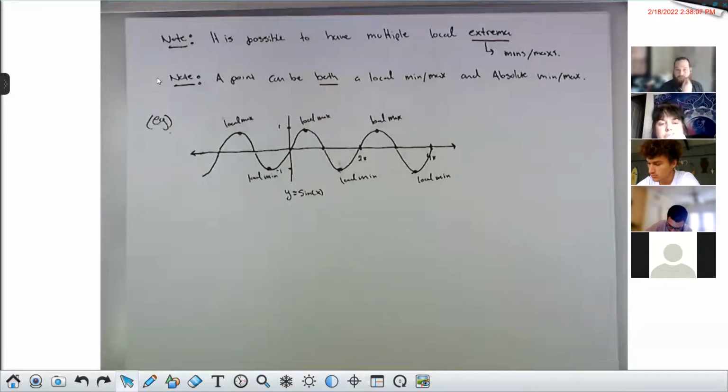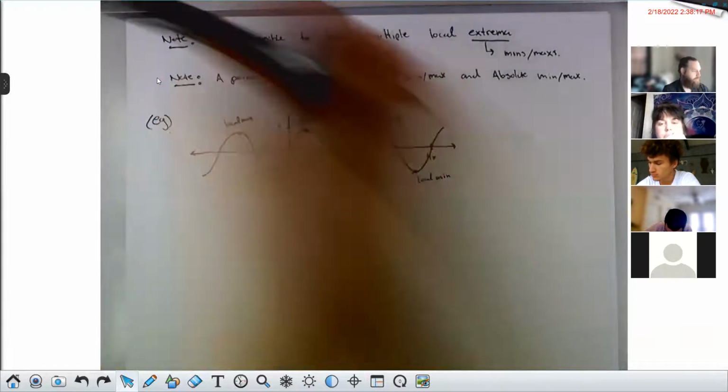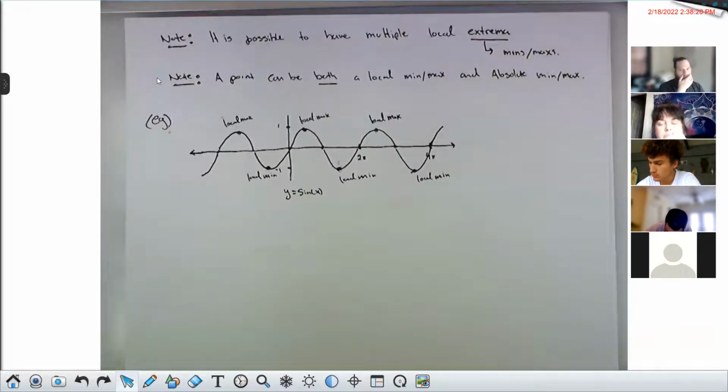So not only can you have several of each, you can have infinitely many of each, right? Because this function is periodic, it does this forever and ever, amen. Right, there would be another local max coming up over here. It's also true that each of these is an absolute max and an absolute min.